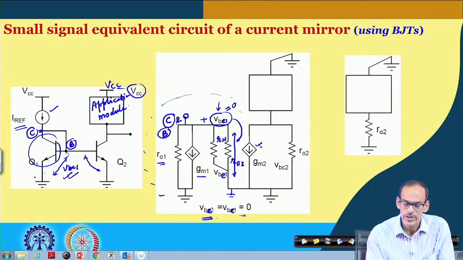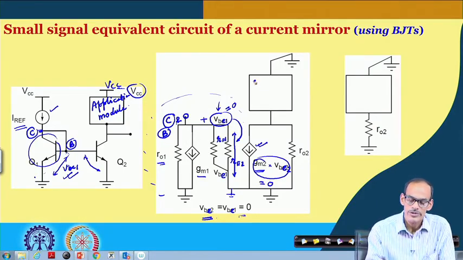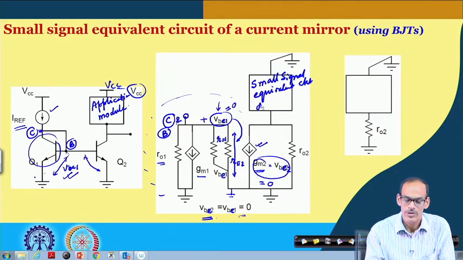So, the voltage dependent current flow is gm into VBE2, and since this is 0, this part is also becoming 0. And here we have the small signal equivalent circuit of the application module.